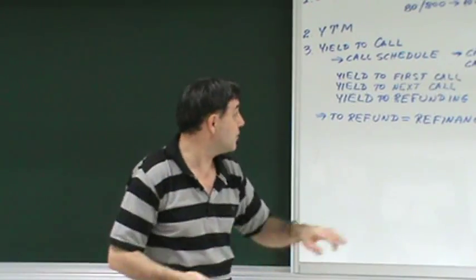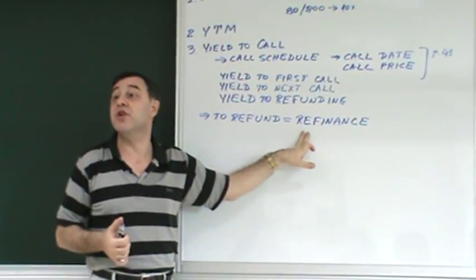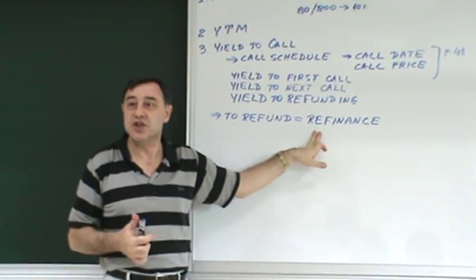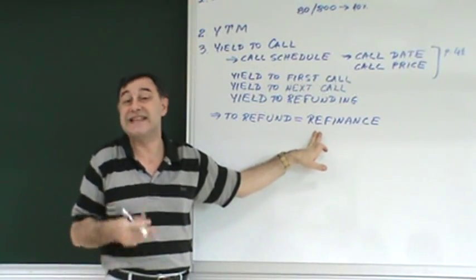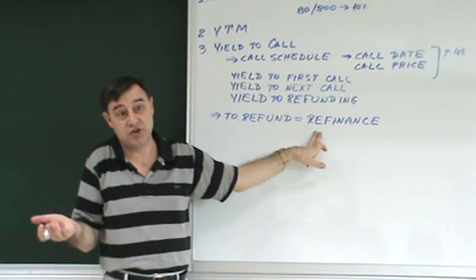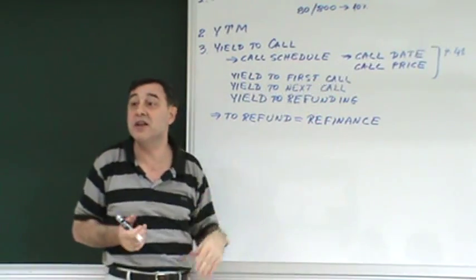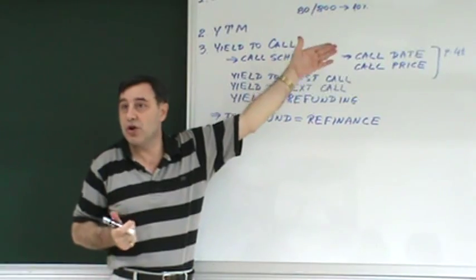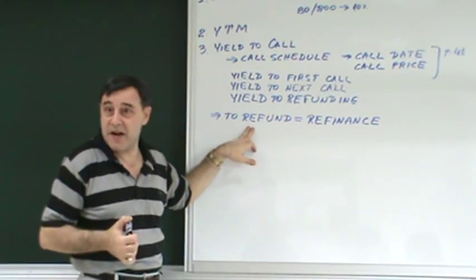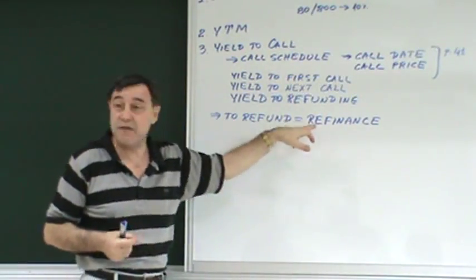Okay? In other words, you would want to refinance because the new interest rate is going to be lower. You're going to save money on interest because interest rates have fallen since you issued your old bond. Okay? Well, that's called refunding or refinancing.